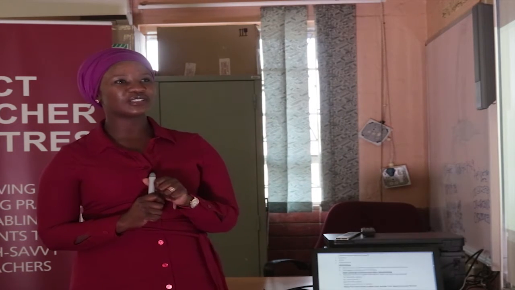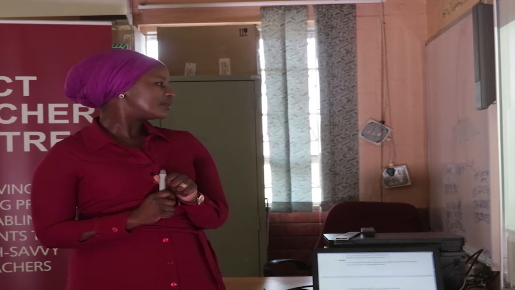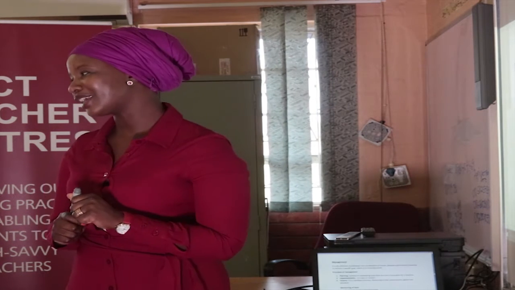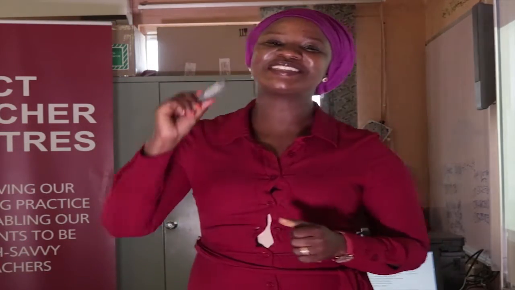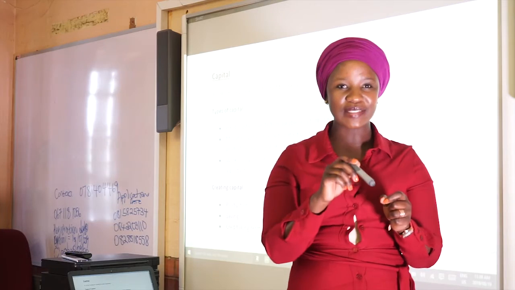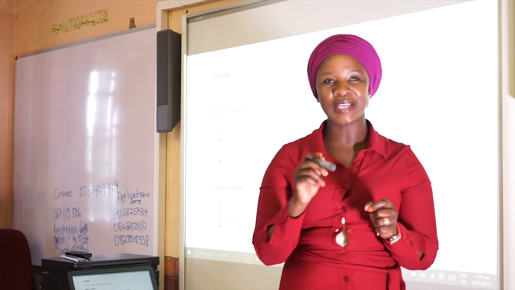When we're looking at a short-term capital, we sometimes refer to it as working capital or production capital. Working capital or production capital is directly involved in production. That is why we call it a working capital. It can only be used for one season and then we cannot use it again.